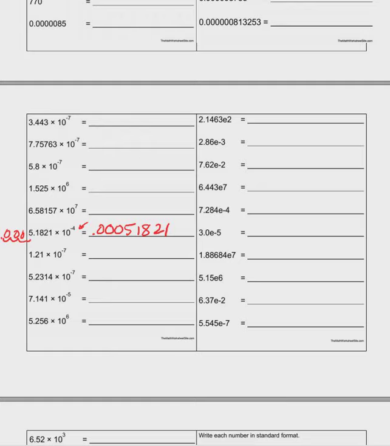For our purposes, E always equals times 10 to whatever the exponent is. And that also can be a blank space. So we're going to start with 2.1463, this one right here.